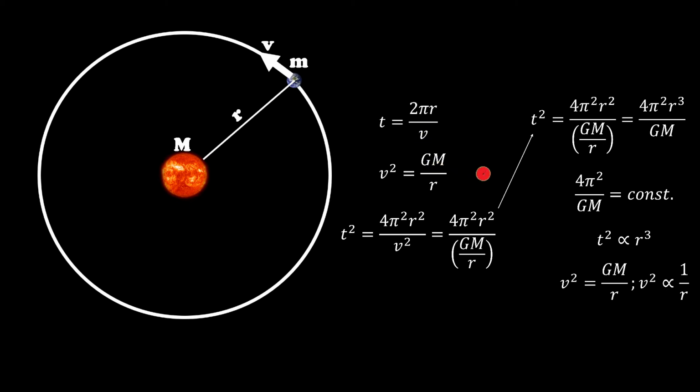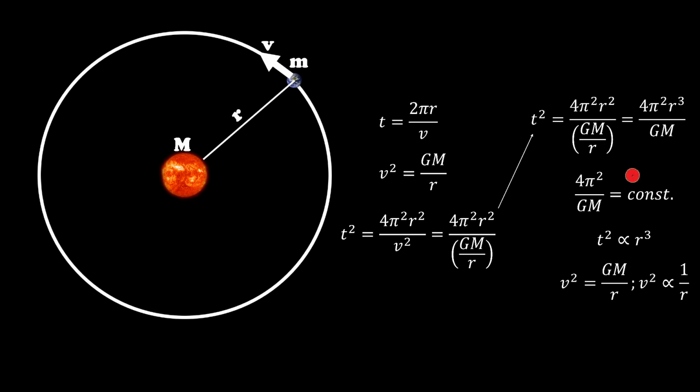So squaring the entire equation, we get T squared equals 4 pi squared r squared over v squared, which v squared is just GM over r. So then we're left with 4 pi squared r squared divided by GM over r. And basically, we get this equation at the top here. So 4 pi squared r cubed over GM.